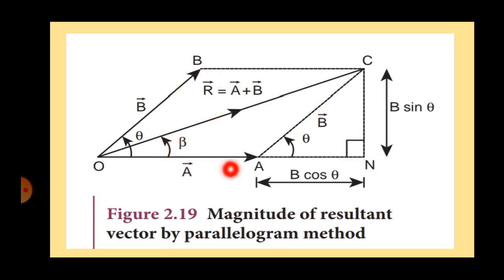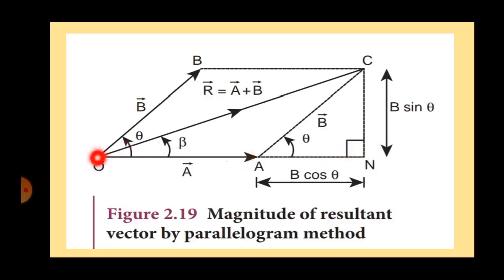Now then, ONC is a right angle triangle. We can write the Pythagoras equation. R square, that is the hypotenuse, is equal to ON square plus CN square.